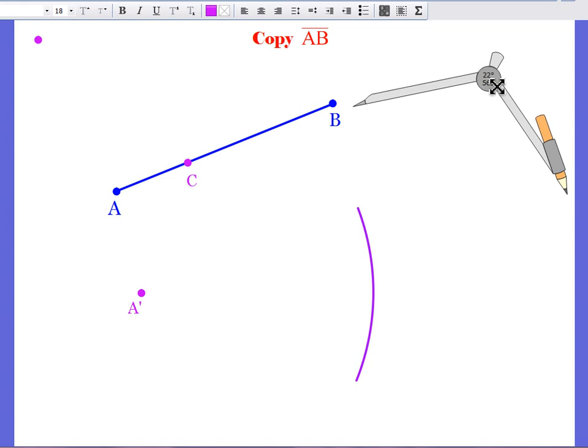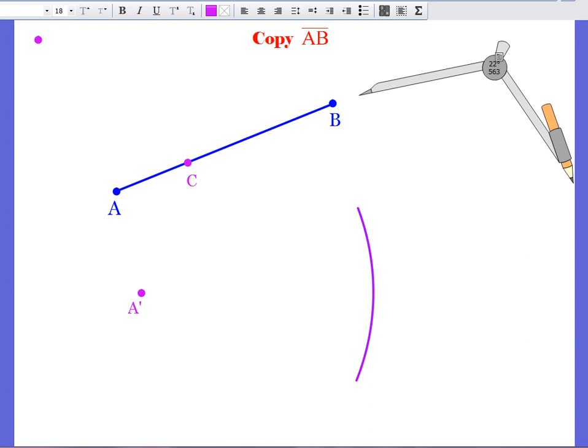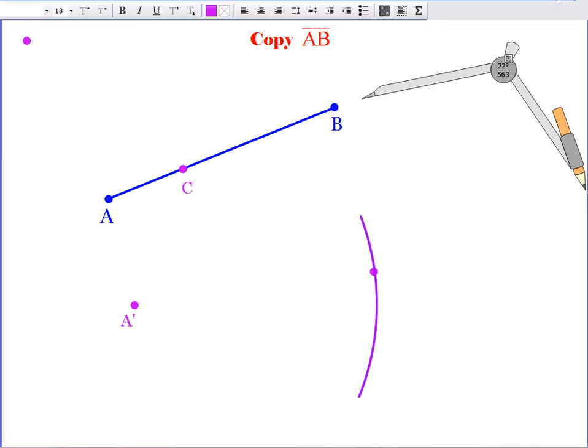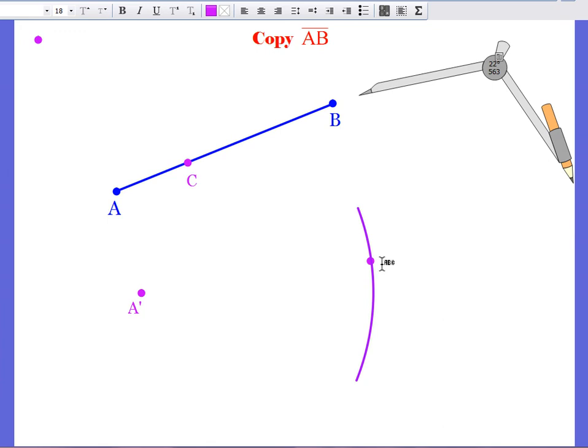So when I move my compass out of the way and draw a point somewhere along that arc, I could have made an entire circle if I wanted to, but it just wasn't necessary. That new point that I just drew on the arc can be a direct copy of point B, so I'm going to call that B prime.